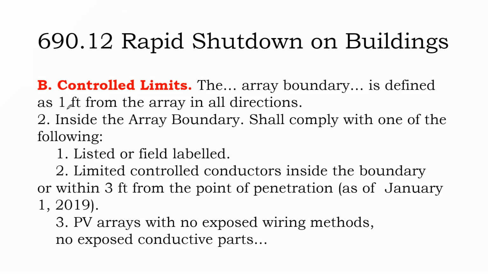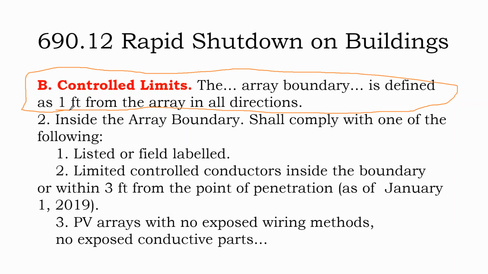So it says the boundary is 1 foot from the solar array in all directions, and it should comply with one of the following. It needs to be listed or field labeled. So what's the difference? Well, this rapid shutdown system is how someone at the side of the building presses a button and it turns the solar array off on the top of the roof.